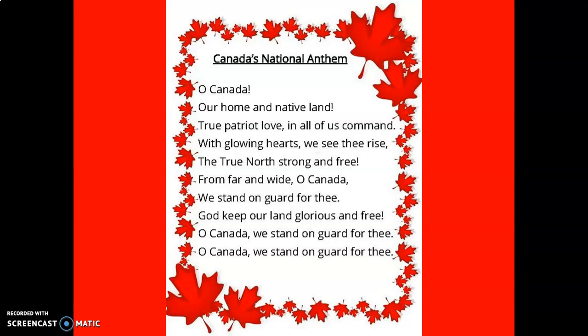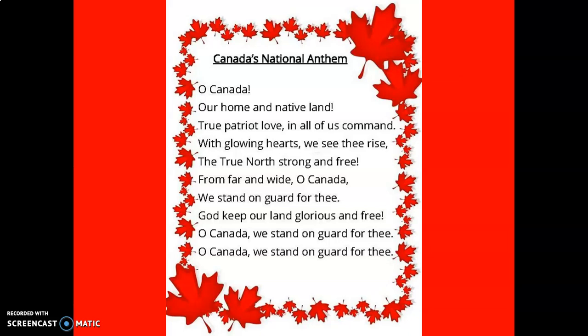1, 2, and 3. Oh, Canada, our home and native land, true patriot love in all of us command. With glowing hearts we see thee rise, the true north strong and free.